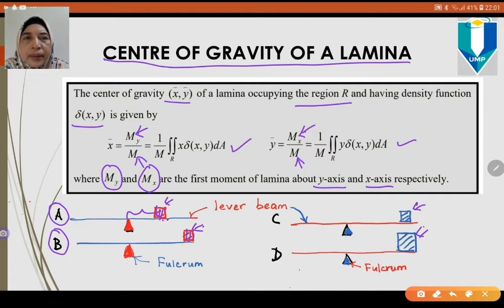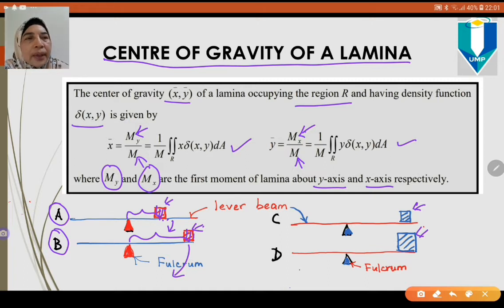For A, the distance of the mass to the fulcrum is less compared to the one in B, which is further away from the fulcrum. You notice that the tendency for the mass in A to rotate is less compared to the one in B. So with the same mass but a different distance, the tendency for rotation is also different.